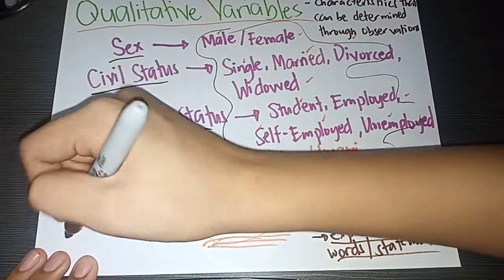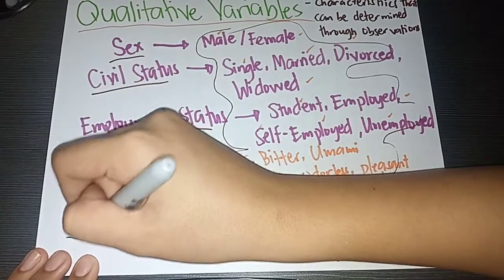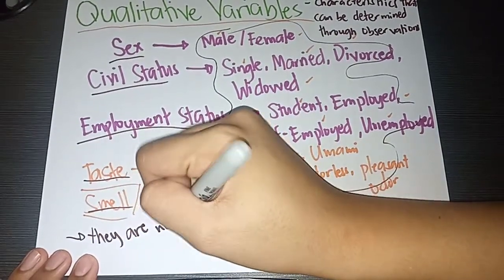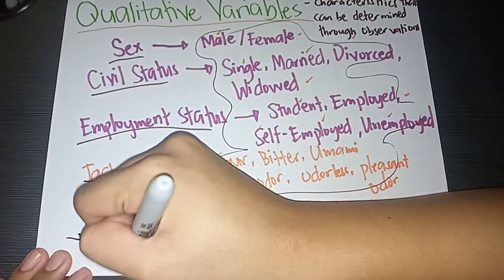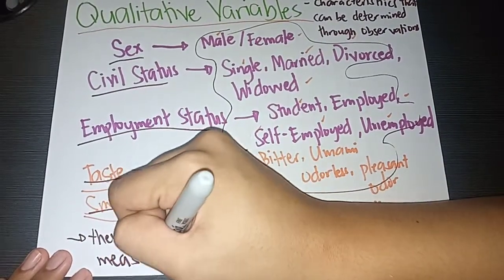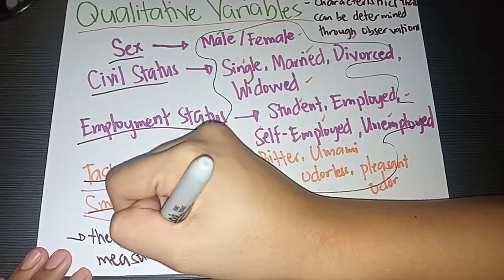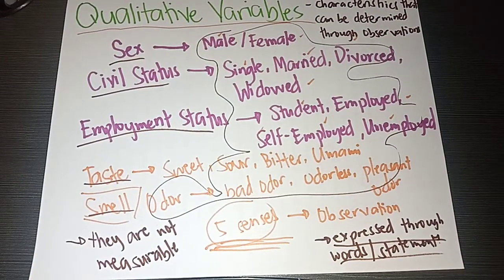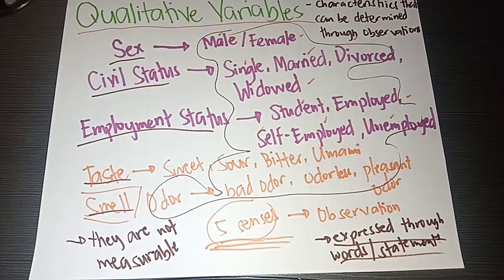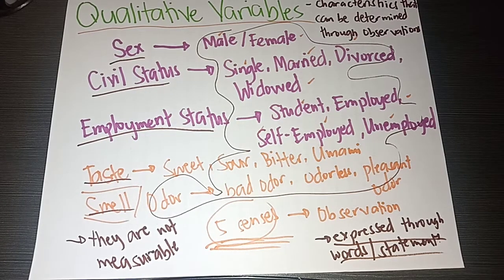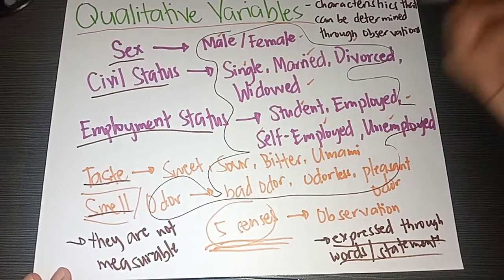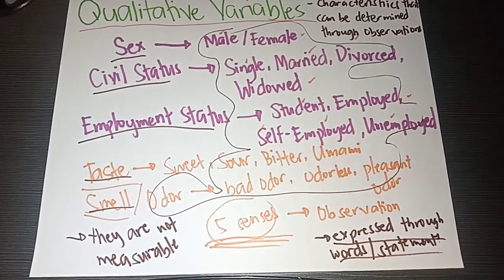So the possible values are not measurable. They are descriptive in nature, because they are expressed through words or statements and not in numerical values. So to repeat once more, qualitative variables are characteristics that can be determined through observations. They are not measurable and they are expressed through words or statements.